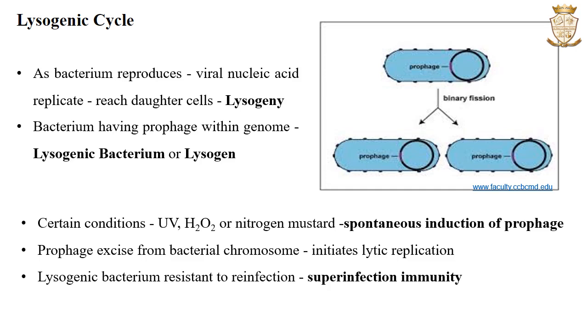A lysogenic bacterium is generally resistant to reinfection by the same or related phages since it already has the phage DNA in a prophage form inside it. So such a lysogenic bacterium is not infected by a second phage. This resistance to reinfection by the same or related phage is known as superinfection immunity.